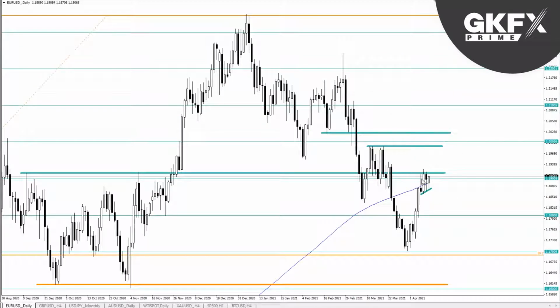Interestingly, we had a pin bar reversal from that area, but right afterwards we had a bullish engulfing candlestick pattern, not an outside day as far as bar charts go, but a bullish engulfing, and then we've been consolidating after that with some inside bars.